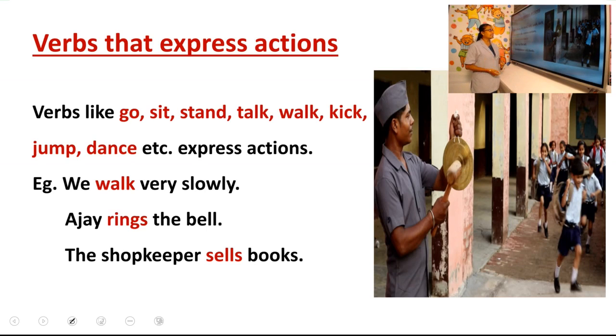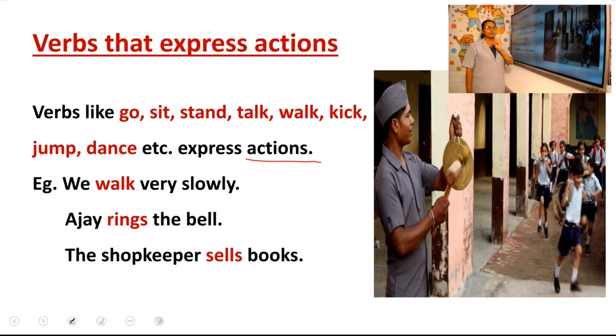See, verbs like go, sit, stand, talk, walk, kick, jump, dance, etc. So many words are there and all these words express actions. All these words express what, children? Actions. Such words are called doing words and they are all verbs. Clear?